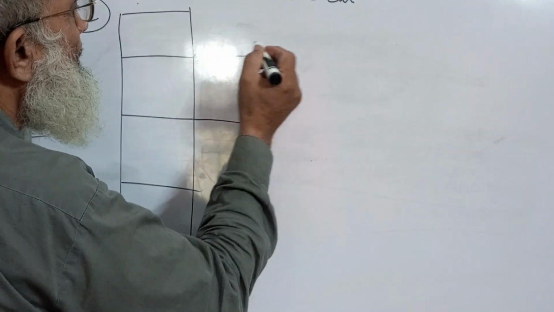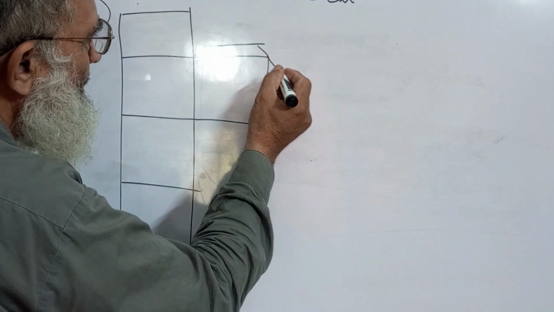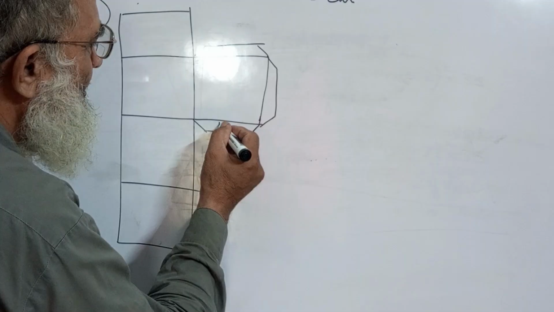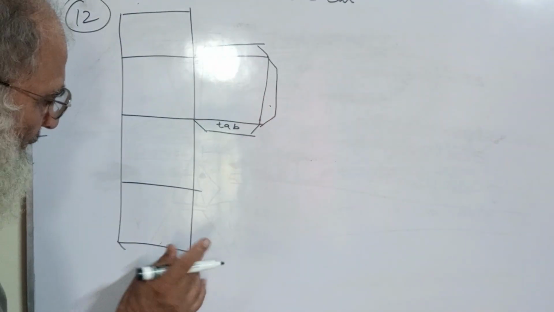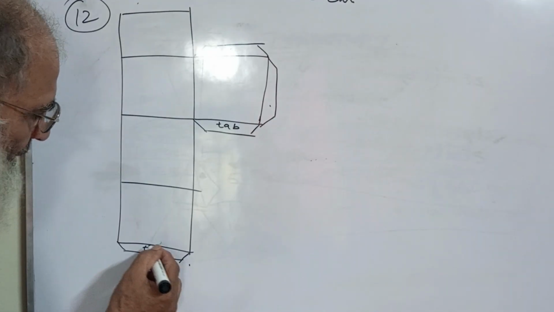This is a container. So these tabs are not included in the area. This is a tab, this is a tab, and this is also a tab. Now this is not included in our measurements.